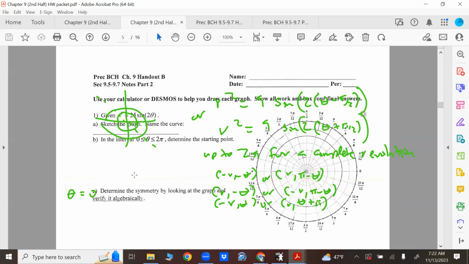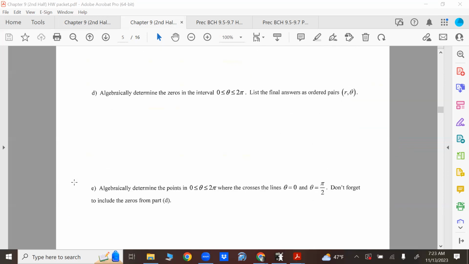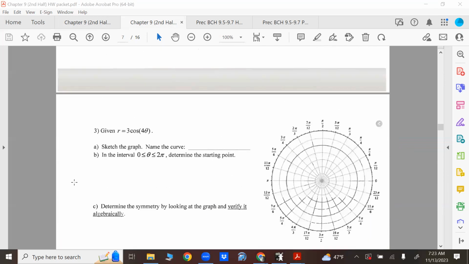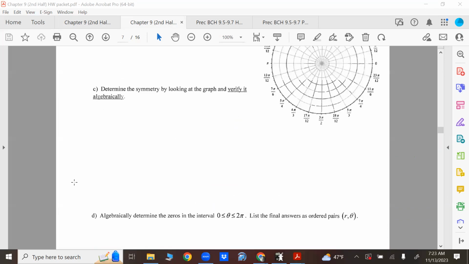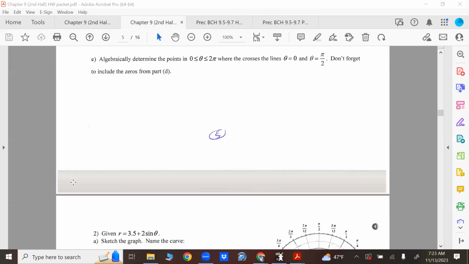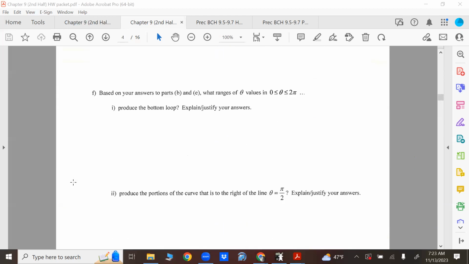And then definitely you could do this stuff here as well, handout B. That shouldn't be a problem. I'm not going to do 3 because that's rose curves, so we're not going to do pages 7 and 8. Page 6 looks like that's on the dimpled limaçon.